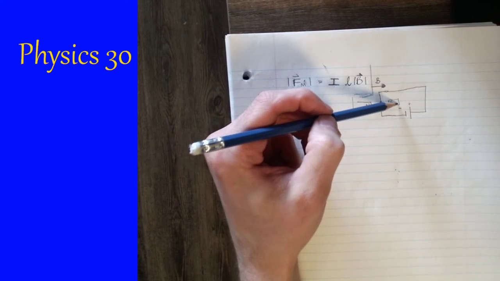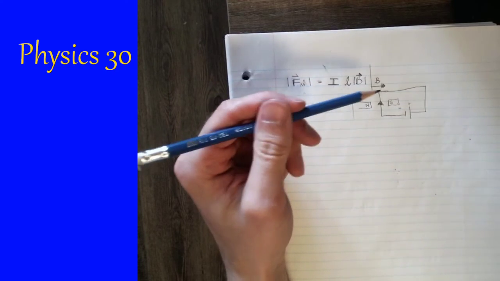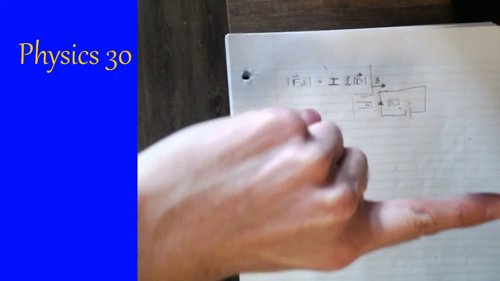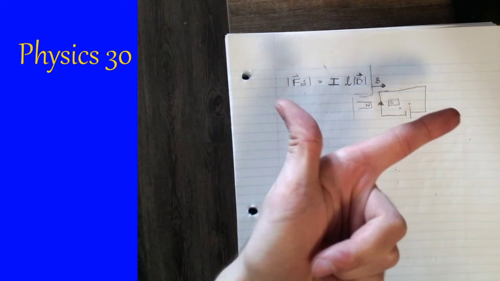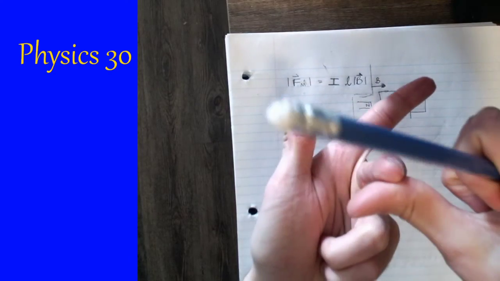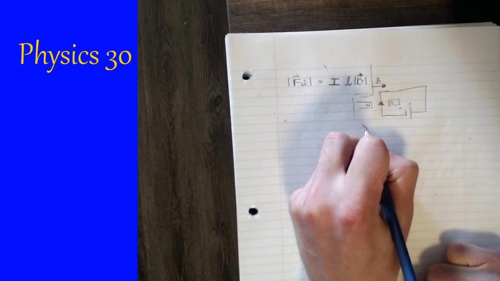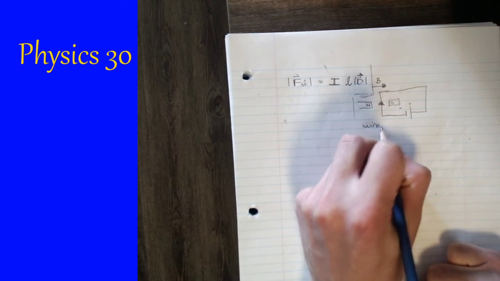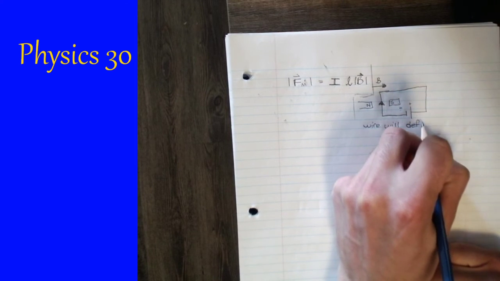Magnetic field points north to south. So we would easily use our left-hand rule and say magnetic field points this way, electricity points that way, so the wire should bend upwards. The wire will deflect upwards.